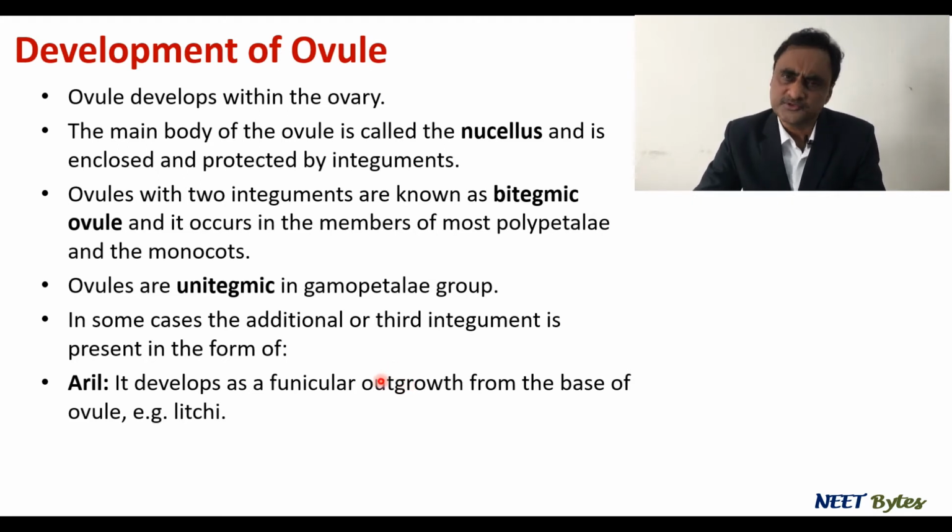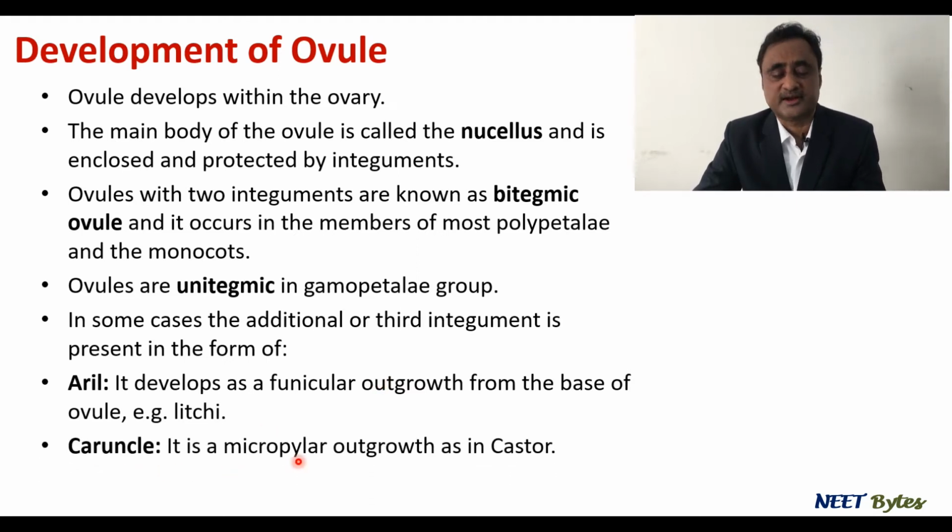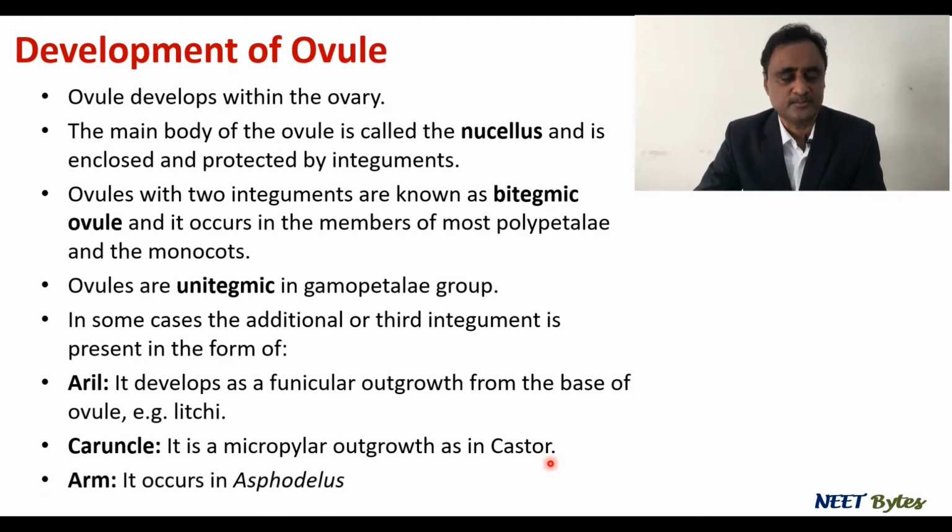Similarly, there is a caruncle, which is a micropylar growth, and that occurs in castor, right? And one more, there is an arum, which occurs in Asphodelus. So these are the other types of integuments or protective coverings besides the other two. This is very clear, and these are species specific.